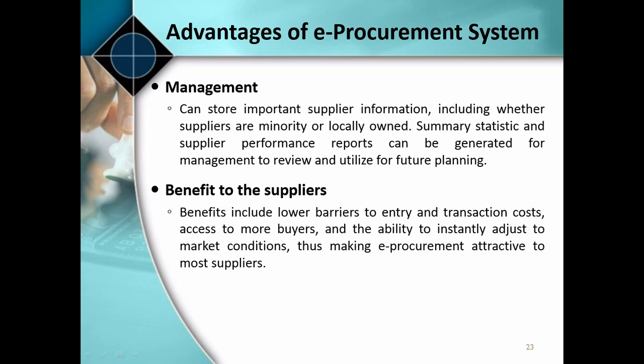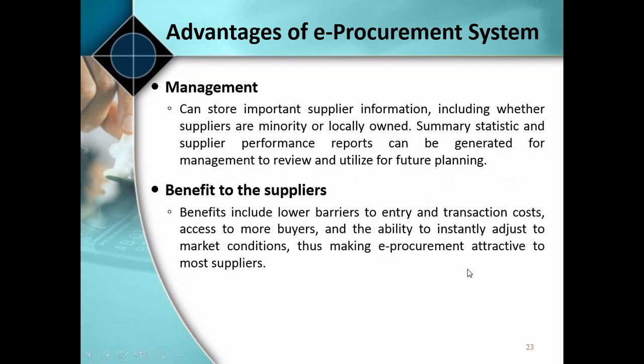Of course lah benda ni benefit to the supplier also. Dia kata benefits include lower barrier to entry and transaction cost, which is access to more buyers and the ability to instantly adjust to market condition, thus making e-procurement attractive to more suppliers. So dia nak bagi tahu yang e-procurement ni provide easier access kepada supplier juga.